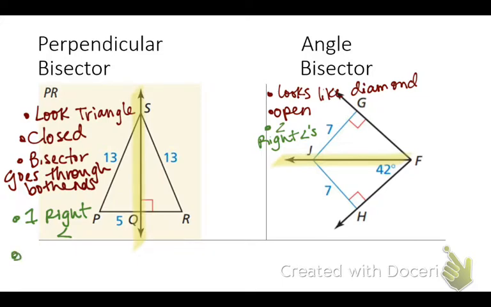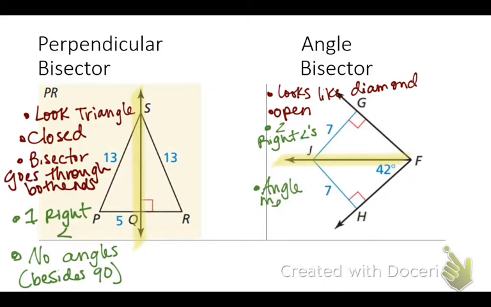This picture has no angles besides 90. We're not told the measure of angle Q, angle R, angle S, none of that. Whereas on the other picture, other than 90, how many angles are mentioned? One angle is mentioned. I'm not talking about the right angles. Okay, so keep those in mind.